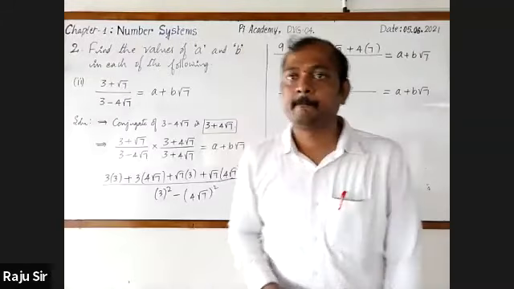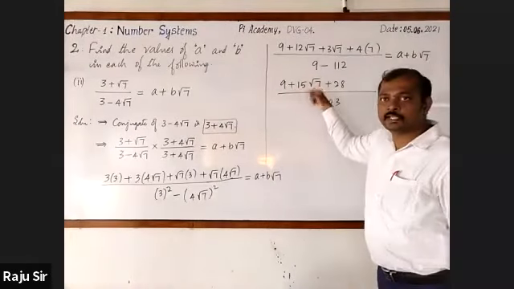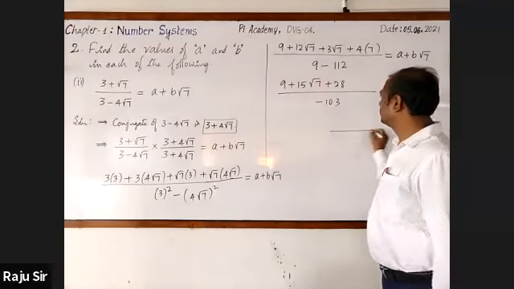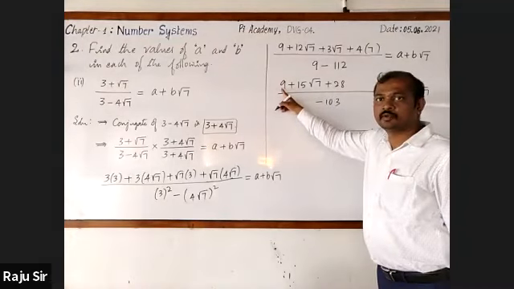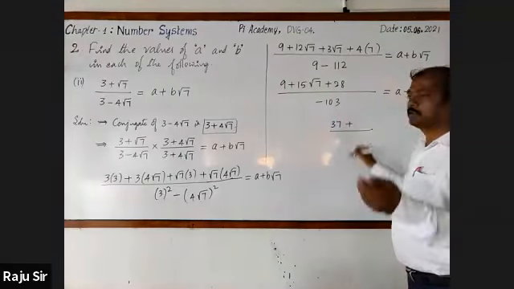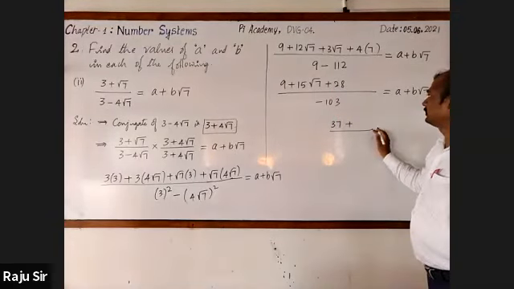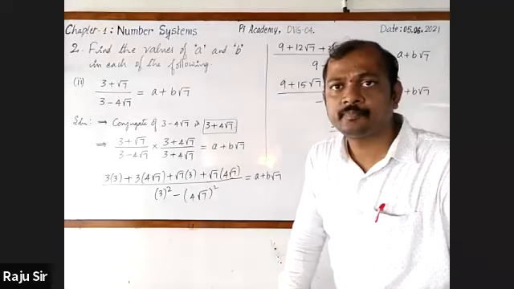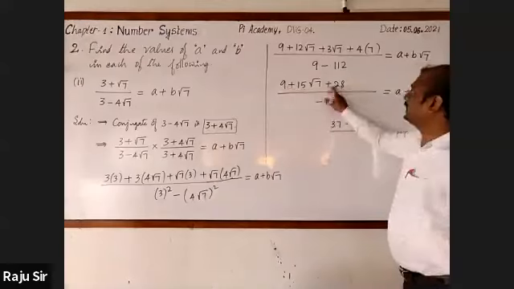Next step. Coefficients add. 37. 37 plus 28, but 28 plus 9 is 37.